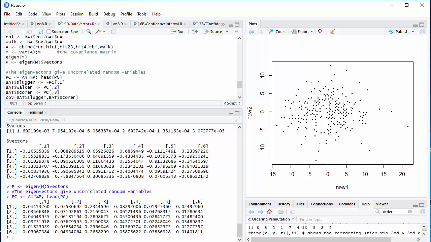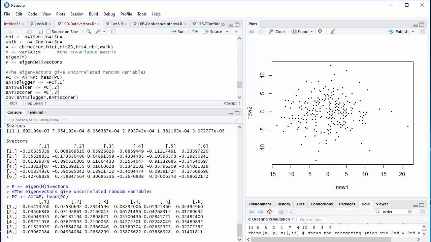What does this tell me? It tells me for each of my players the value of the first new random variable, the second, and the third. And on looking at these and thinking about baseball, I looked at the first one and said, this has a very high amount of runs batted in included, if I ignore the minus sign.